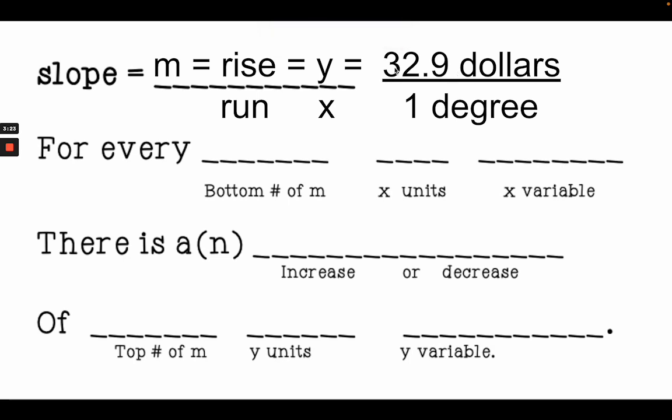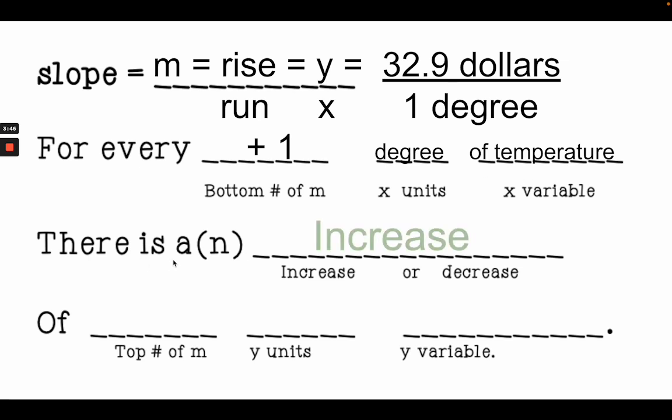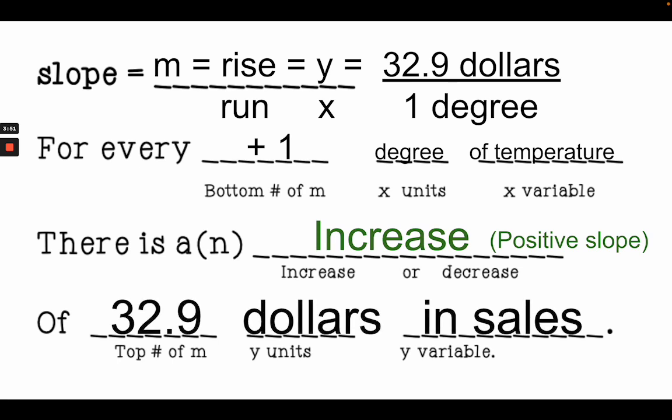If my slope was $32.9 over 1 degree, this is how we would explain it in context. Okay? For every plus 1 degree, so for every increase of plus 1 degree temperature, there is an increase of $32.9 in sales.